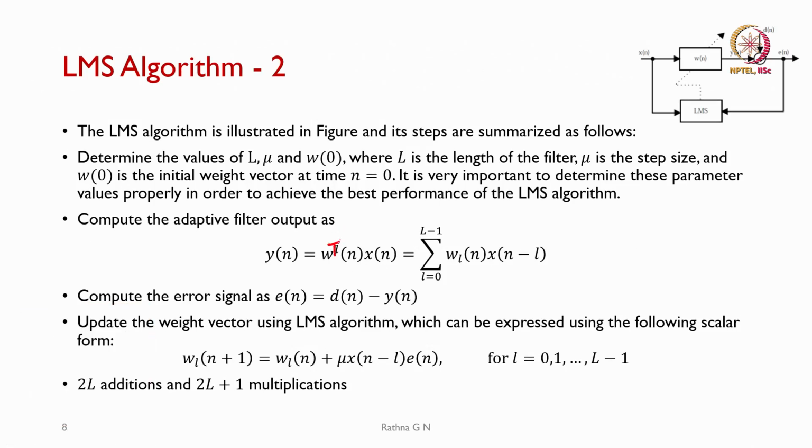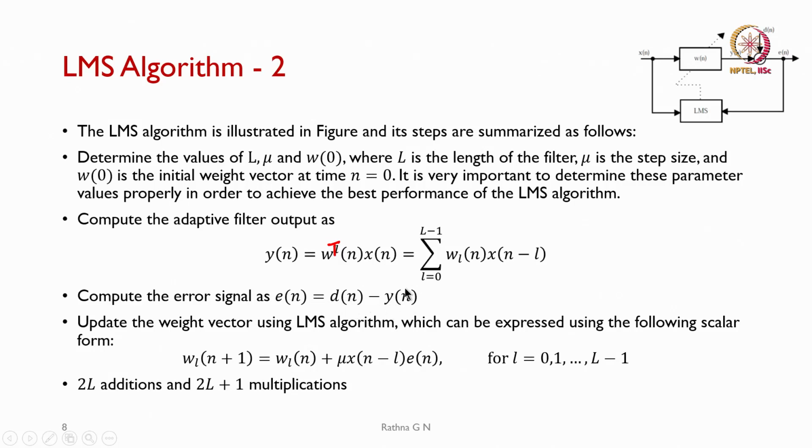We know that it is w transpose of n into x of n in vector form, which is nothing but the sum for L equal to 0 to L minus 1 of w L of n into x of n minus L. We will then compute the error signal in the second step as e of n equal to d of n minus y of n. So, we have calculated y of n, and the weight vector we have initially assumed as 0, and then we will start with it, and whatever desired signal we have been given, minus the output, will be the error.